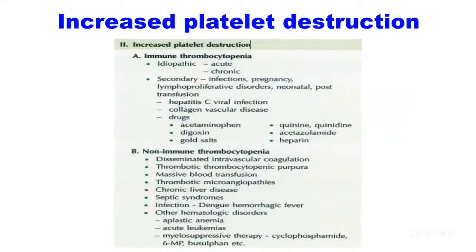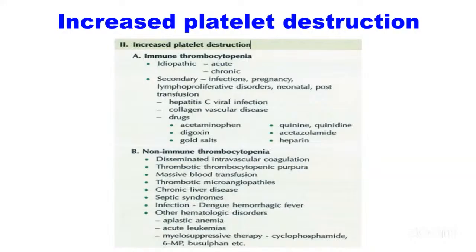Our main concern and discussion today is increased platelet destruction, which is mostly due to immune thrombocytopenia. There is also an entity called non-immune thrombocytopenia. Immune thrombocytopenia might be called idiopathic, where you cannot define the cause, but the process is immunological. It is divided into acute and chronic.